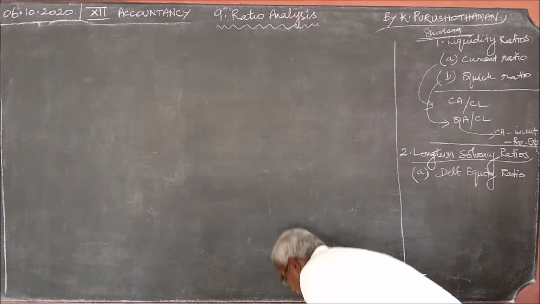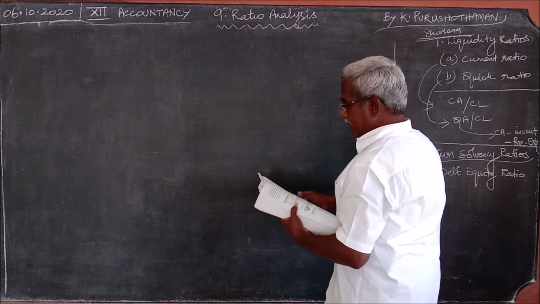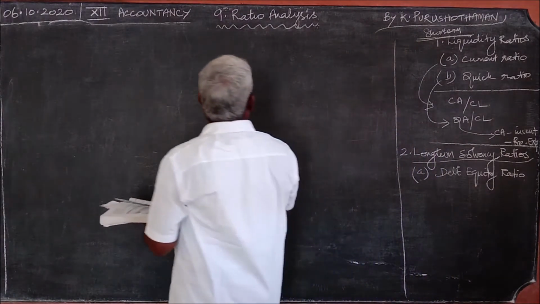What is the formula to find the debt equity ratio?